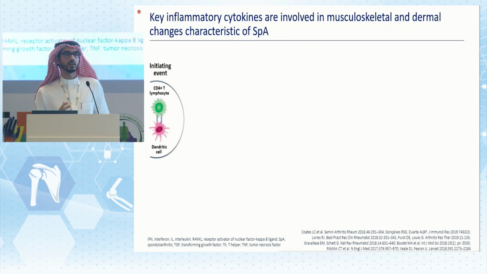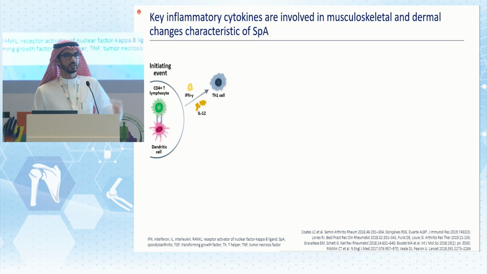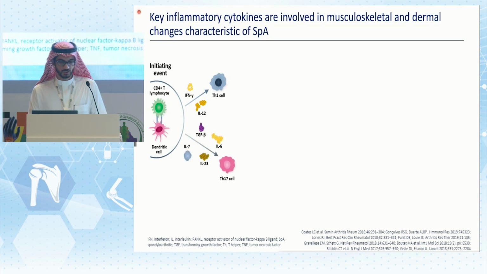What happens, as we all know, is that the initial trigger of the cytokine secretion or response is when the T cells combine with the dendritic cells. This leads to the first secretion of the cytokine pool, mainly interleukin 12 and TGF beta, as well as interleukin 23.